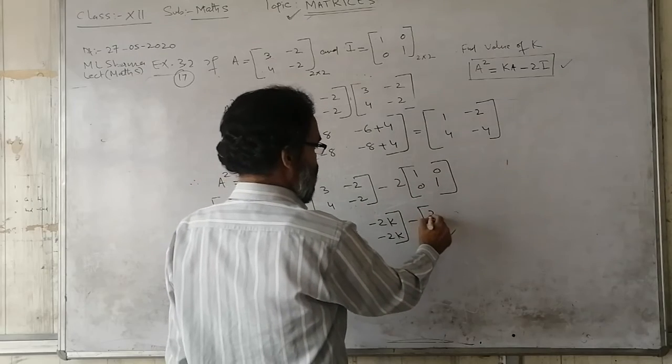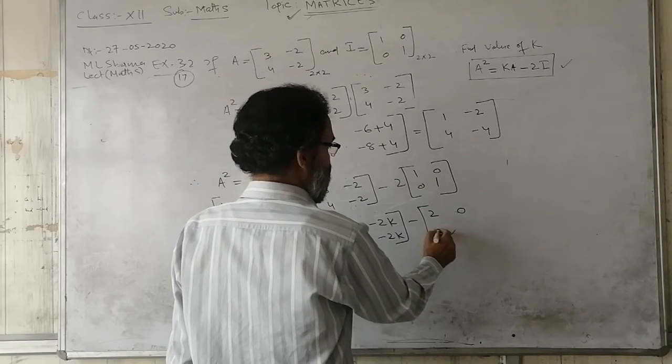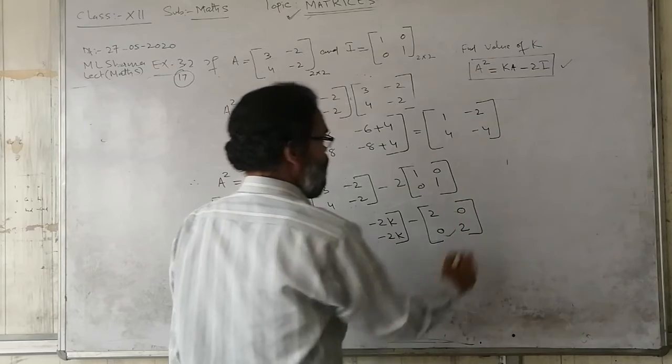So 2 into 1 I will get 2 here, 0 here, 0 here, 2 here.